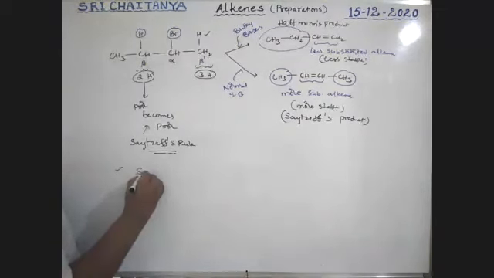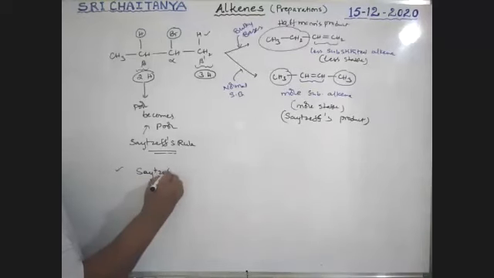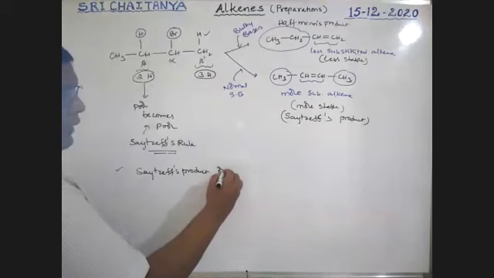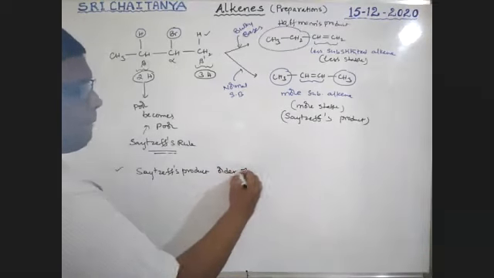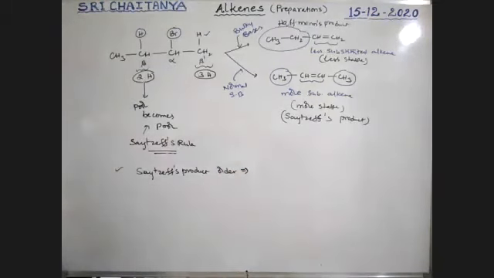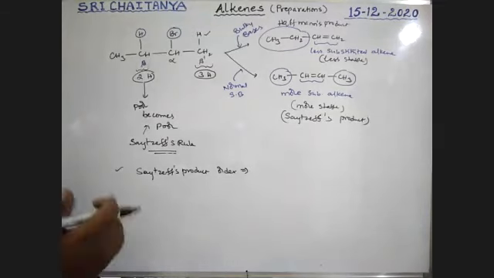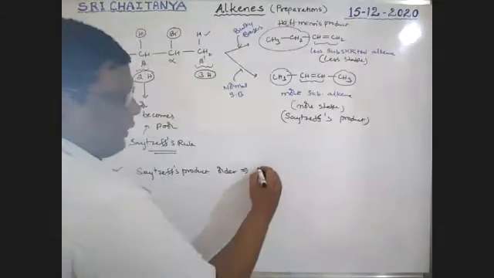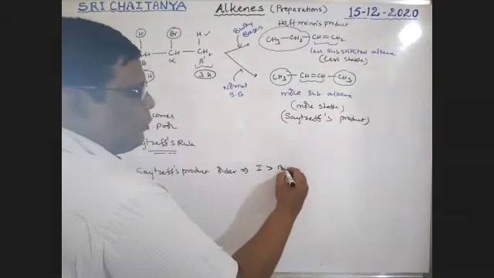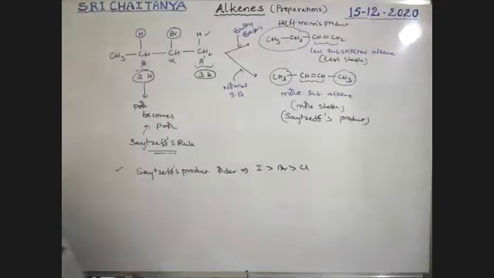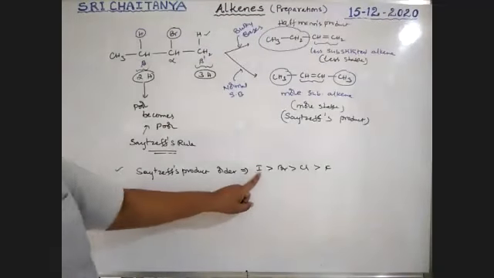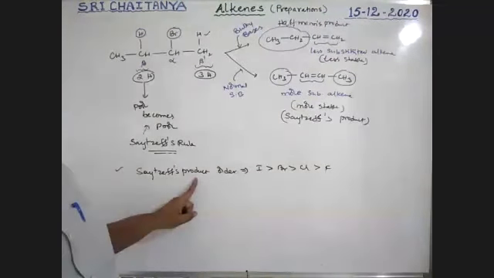Saytzeff product order is: the best leaving group gives the Saytzeff product, and a poor leaving group gives the Hofmann product. That means iodine greater than bromine greater than chlorine greater than fluorine. That means the best leaving group gives a Saytzeff product.